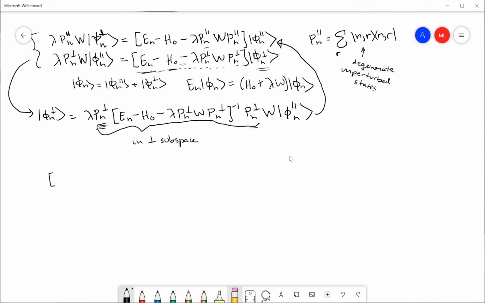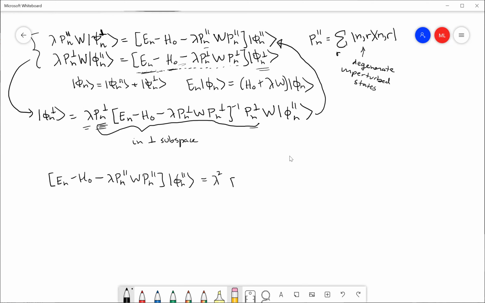We get that. So I'm going to now write this left-hand side. This left-hand side is En minus H naught minus lambda Pn parallel W Pn parallel, phi n parallel, okay. And then this right-hand side becomes a little bit more complicated because we're sticking in for phi perp there our new solution. And now there's going to be two factors of lambda, so there's actually a lambda squared term here.